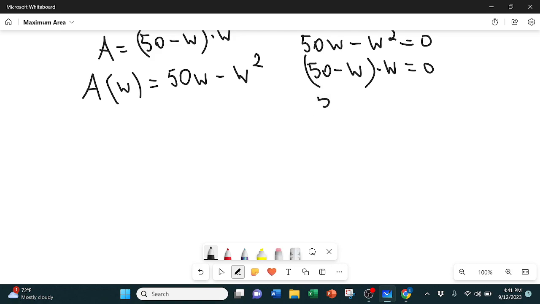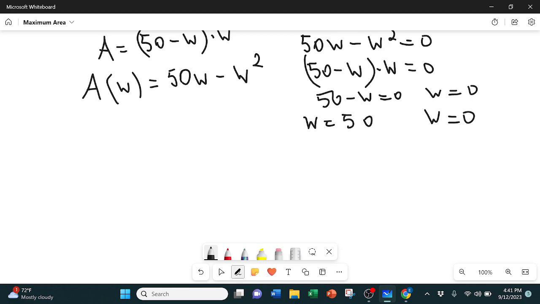So 50 minus W equals 0, or W equals 0. Solving this equation, W equals 50 and W equals 0. These are the two roots of this function.